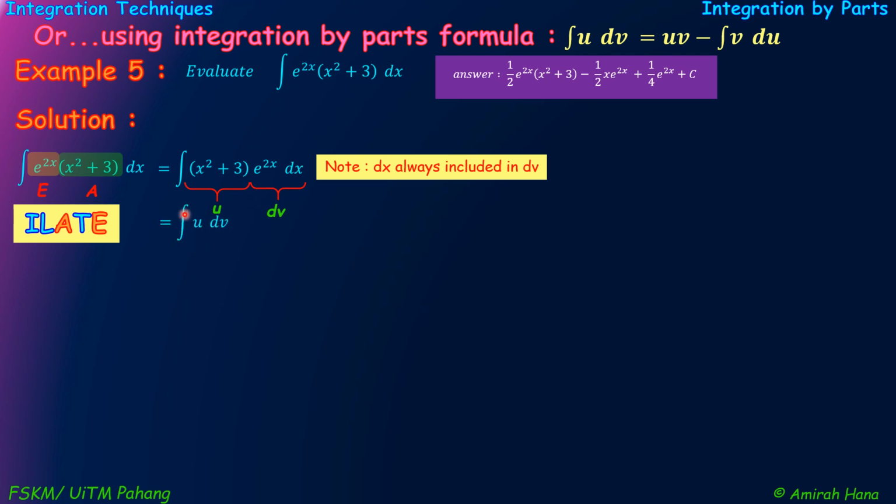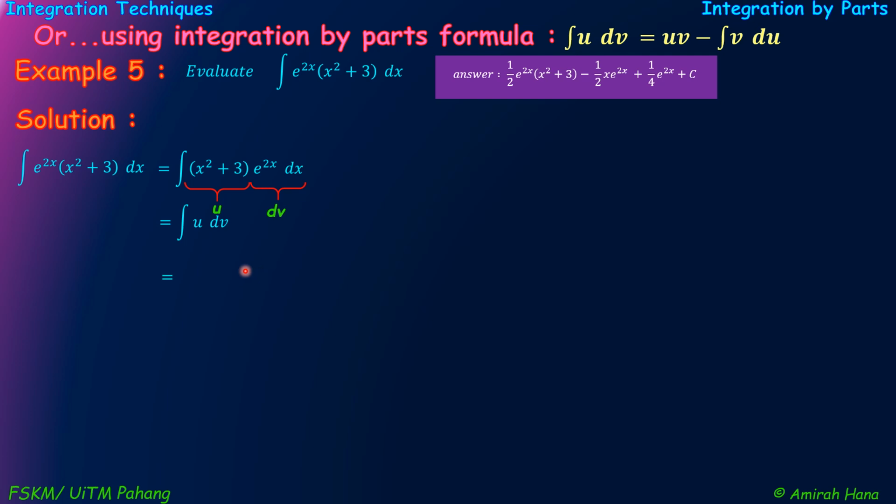So from here, we can write the integration by parts formula, integration of u dv, and then it equals uv minus integration of v du. So we have integration of u and then dv, and we use this formula, it equals uv minus integration of v du.